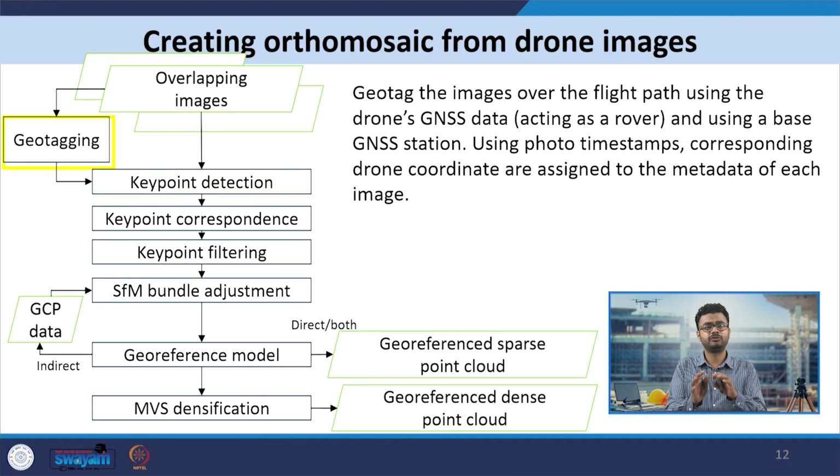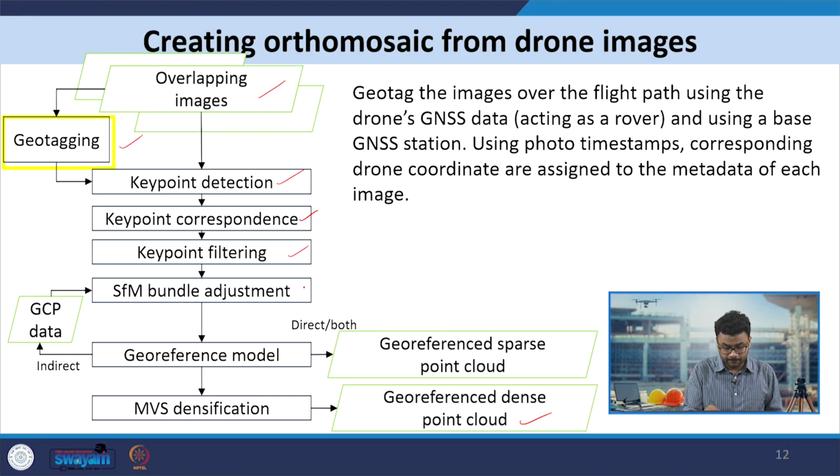In the first phase, using the overlapping images, we generate a dense point cloud, and this happens through geotagging those images, finding the key points or notable features in the images, and then finding the matches between the key points in the overlapping portions of the images.